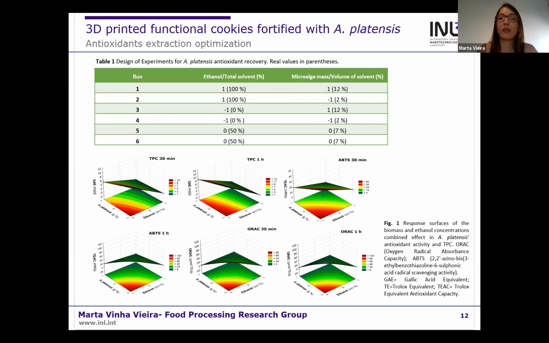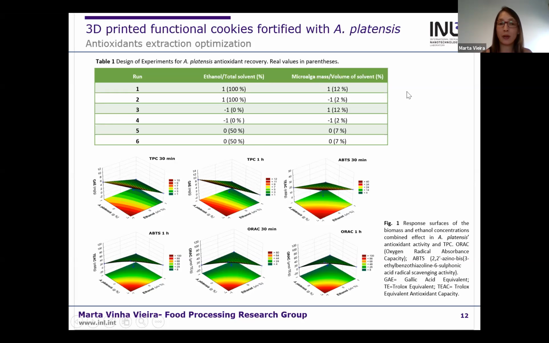So the first step of this study was the extraction of the antioxidant compounds from A. platensis. The extraction was done by ultrasound using hydroalcoholic solutions as solvent. The optimization of the extraction process was done by a design of experiment approach, and the effects of the ethanol to total solvent ratio and the microalgae mass to volume of solvent ratio were evaluated.